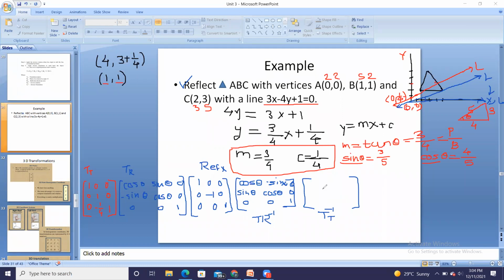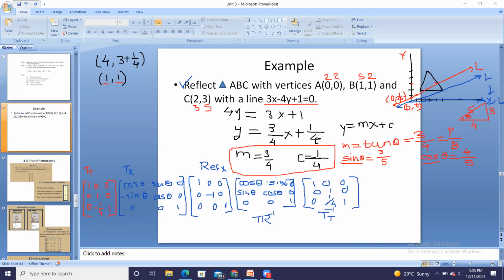Okay. So next is T translation inverse. So 1 0 0, 0 1 0. X is not changing and y is positive now because shifting the line upwards.